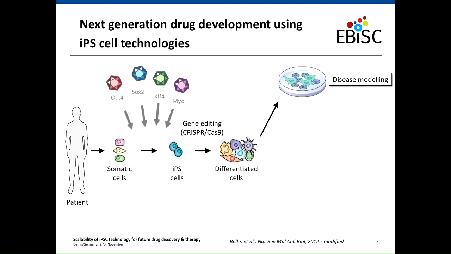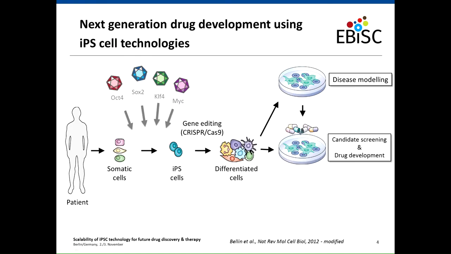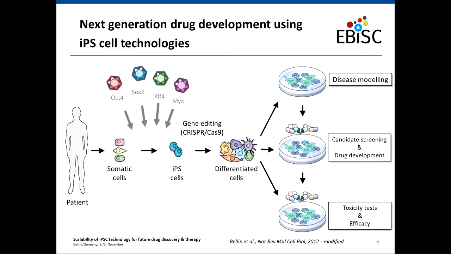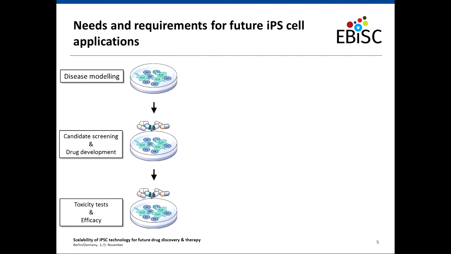Then these cell models can be used in terms of disease modeling, candidate screening and drug development, and also toxicity tests and efficacy. But really the point is to use this very good cell model of iPS cells in new drug development applications. The question is, what is still missing and what has to be realized to make it really a success story?